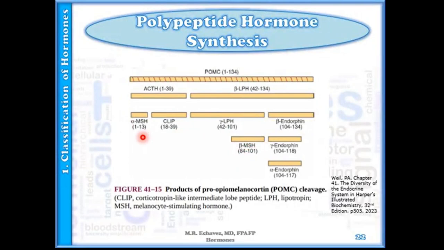We also have your endorphins, which act as neurotransmitters or neuromodulators. So POMC is synthesized as a precursor molecule of 267 amino acids and is differently processed in various regions of the pituitary and other tissues.